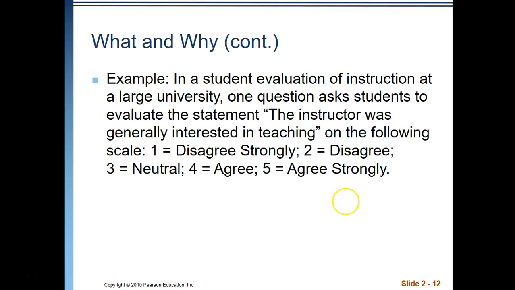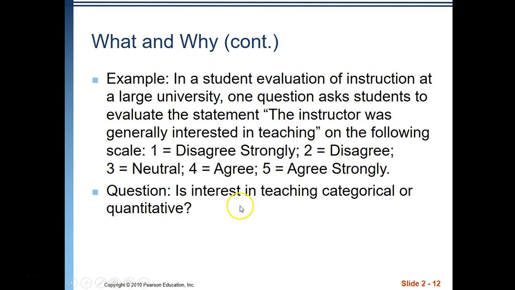All right, example. In a student evaluation of instruction at a large university, one question asks students to evaluate the statement, the instructor was generally interested in teaching, on the following scale. One means strongly disagree, two disagree, three is neutral, agree, and so on. The question: is interest in teaching categorical or quantitative?